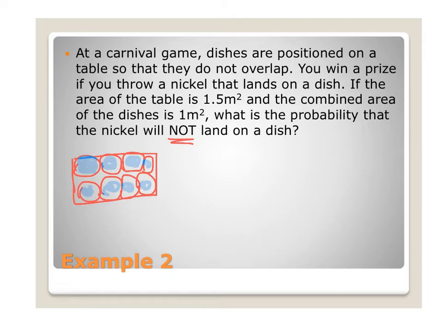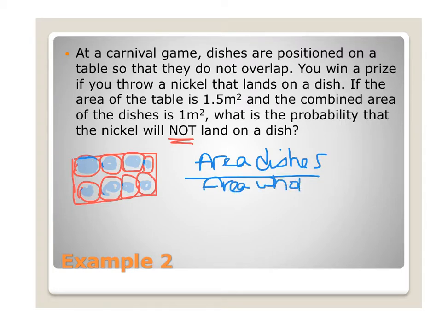So let me just show you the probability if it did land on the dish. Just change up the problem a little first. We would do the area of the dishes over the area of the whole table. We knew the area of the dishes was 1.0 and the area of the table was 1.5.